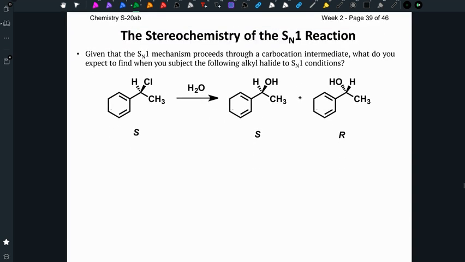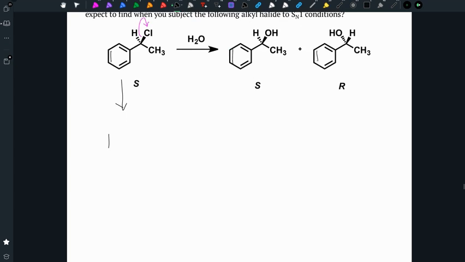In terms of stereochemistry, you might remember for an SN2 reaction, we saw that the stereochemistry always gets inverted. Well, with an SN1 reaction, remember, since the first step is the formation of a carbocation, and I don't know why some of my double bonds are not showing up in these notes. First step is the formation of a carbocation. Well, once I form a carbocation, it is planar.